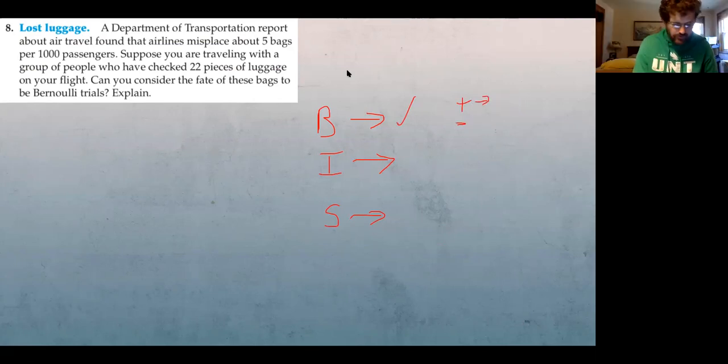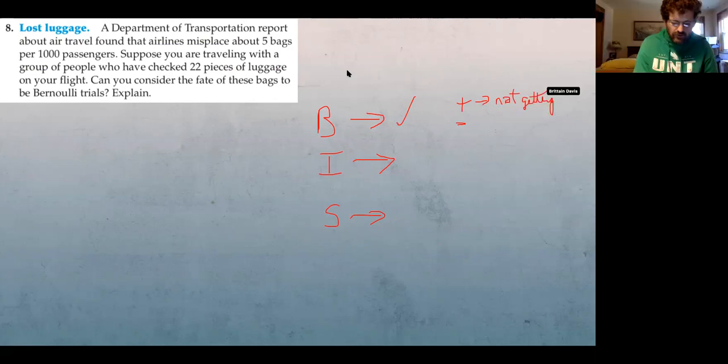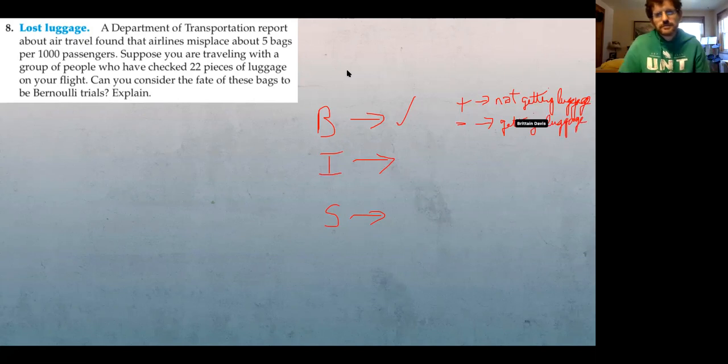Sure, if we want to define it that way, not getting luggage. If I can, it's the end of the day, so I can barely talk. That means failure is getting luggage. All right, independent.